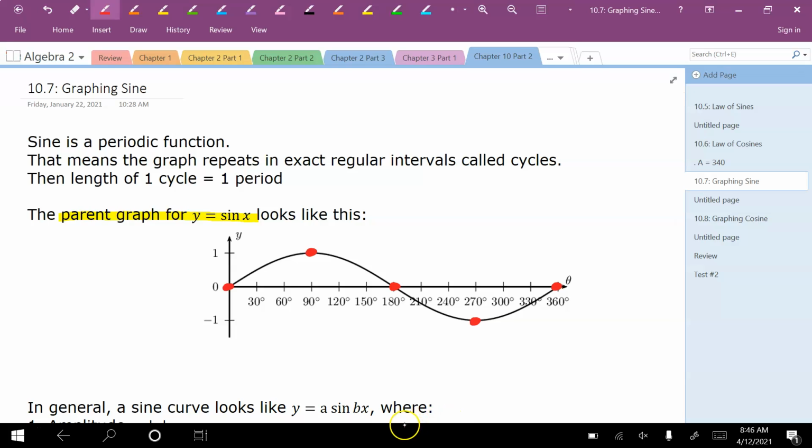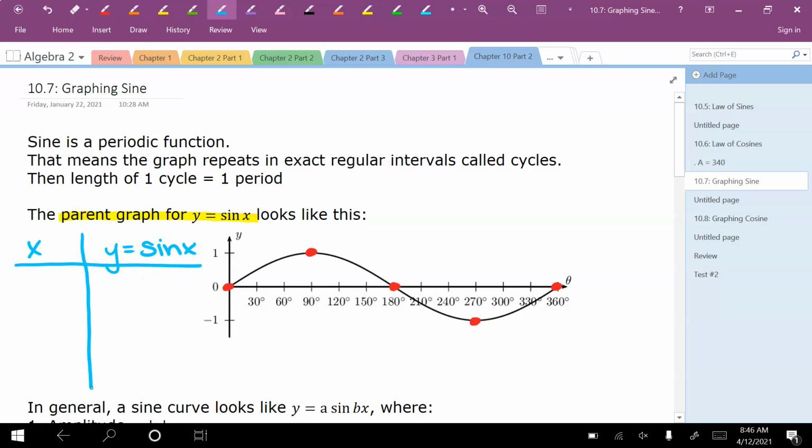So a lot of times when we look at graphs, you guys have been used to making XY charts when you're trying to graph points. This also could be represented that way. So x and y equals sine of x.